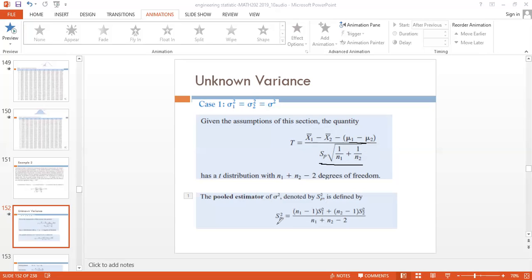Sp squared is n1 minus 1, the sample size for population 1 minus 1, times the variance for population 1, plus the sample size for population 2 minus 1 times the variance for population 2, over n1 plus n2 minus 2, which is also the degrees of freedom when reading the t distribution.